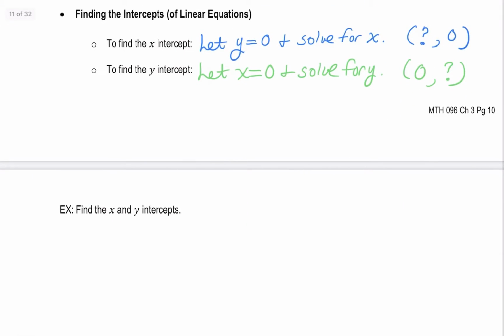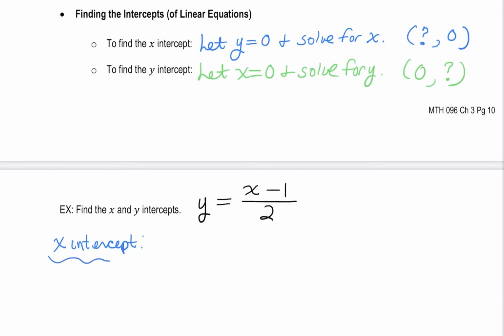All right, so let's look at an example. Sometimes these are very quick, easy points, these intercepts to find because you're working with zeros. All right, so let's say we have the equation y equals (x minus 1) over 2, and we're going to find each of these intercepts. So let's say I start here with looking for my x-intercept.